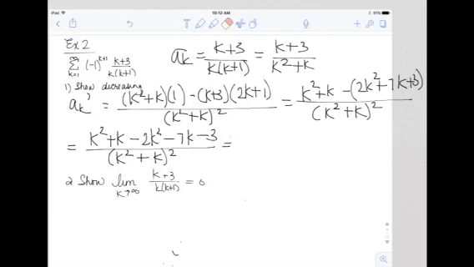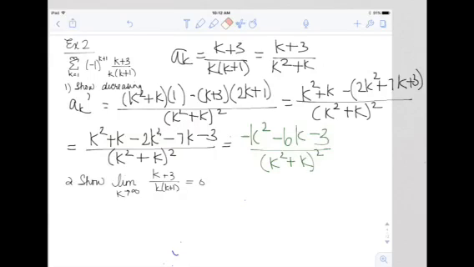Simplifying that, combining your like terms, this k squared and this negative 2k squared will make negative k squared. This k and this negative 7k makes negative 6k, minus 3 over k squared plus k, the whole quantity squared.